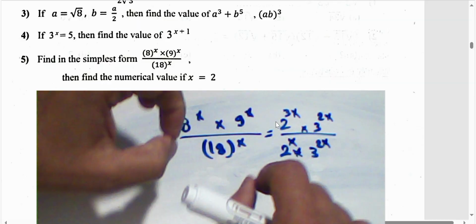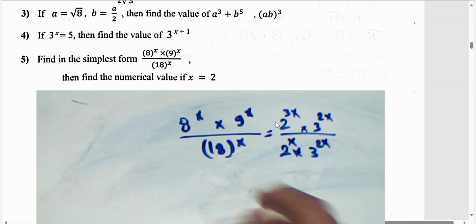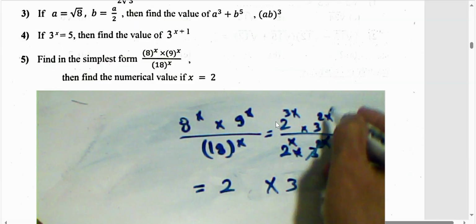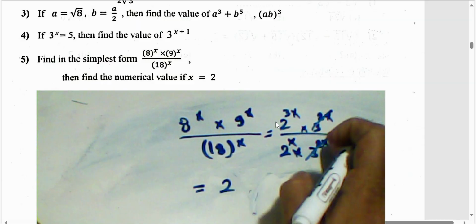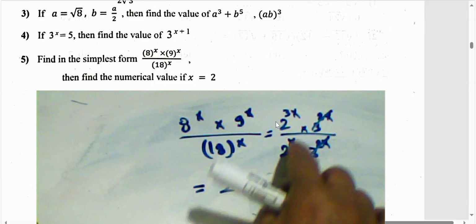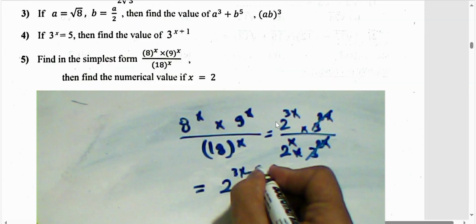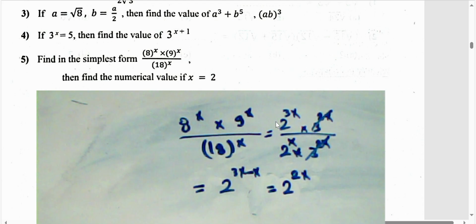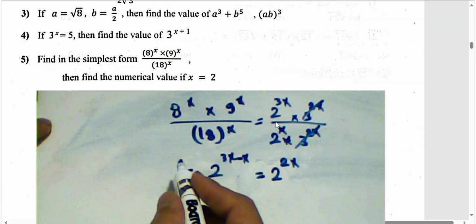You must distribute the power to the numbers, and then we have two bases, 2 and 3. You can cancel this, divided by itself it will be 1, and then you can write 2 power 3x over 2 power x. The result will be 2 power 3x subtract x. This answer equals 2 power 2x. At x equal 2, he gives this information in the example.